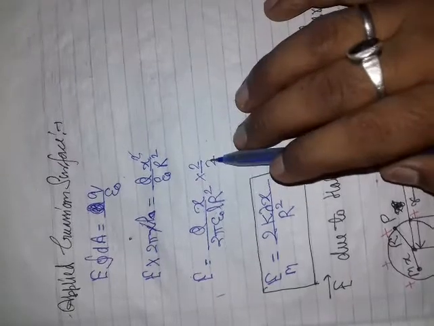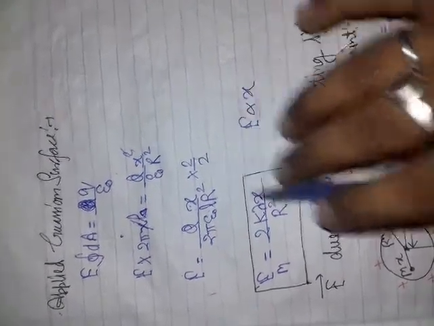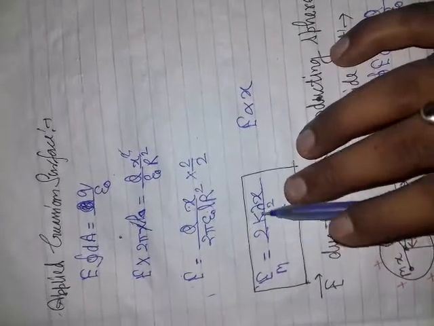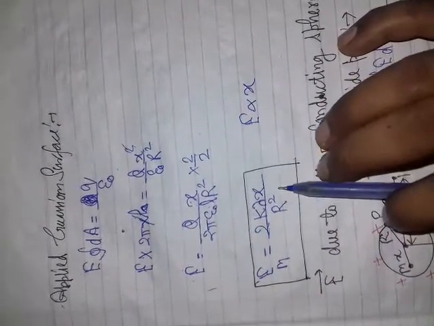By multiplying numerator and denominator, we get the value 2kλ small x upon capital R square.